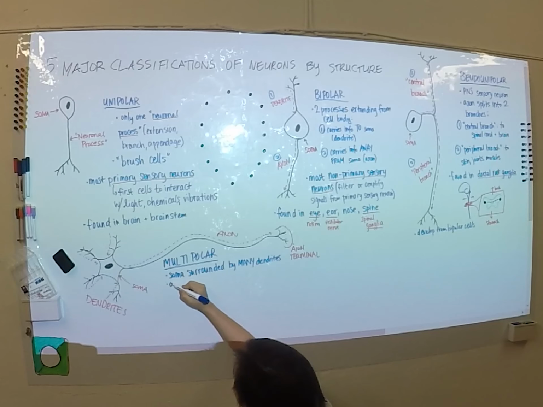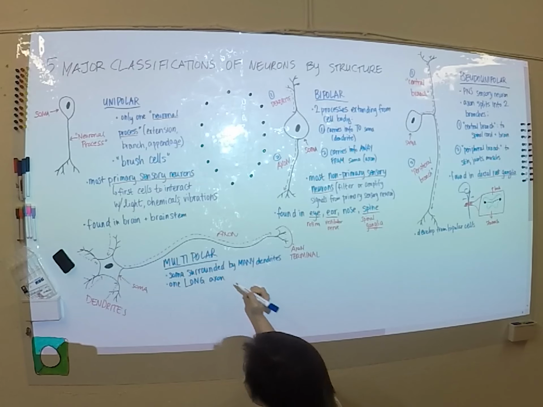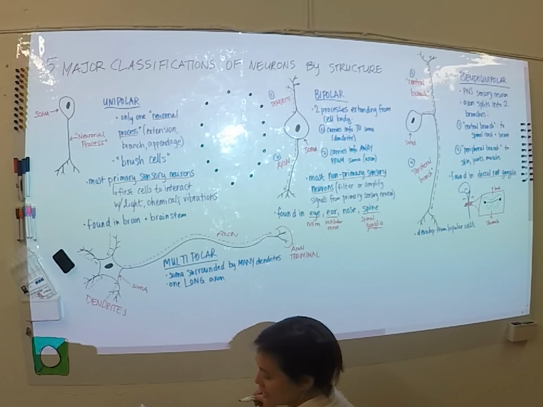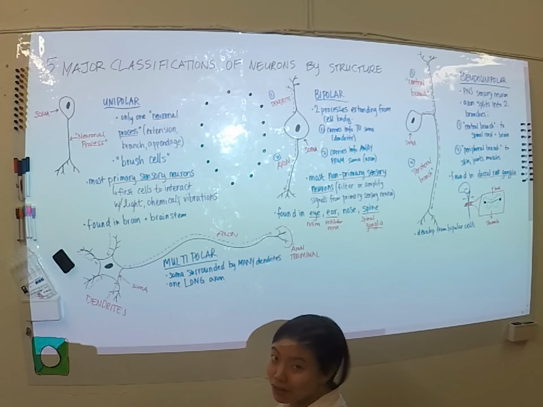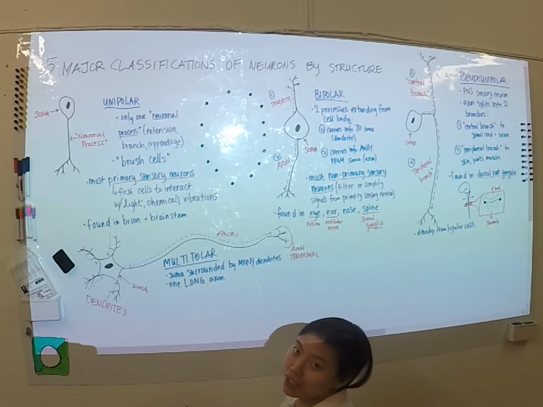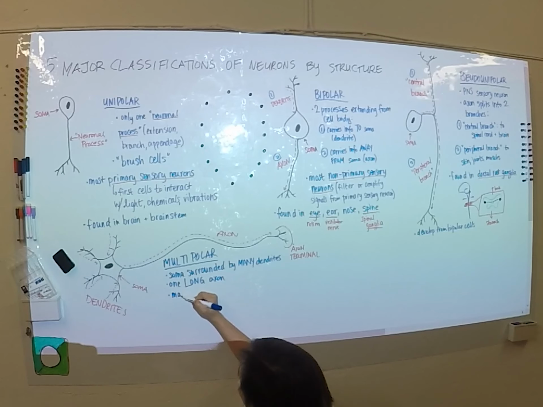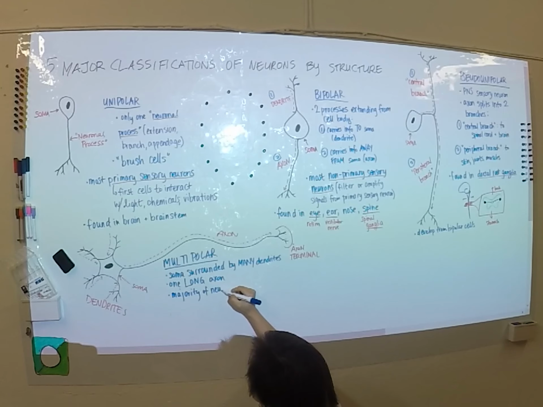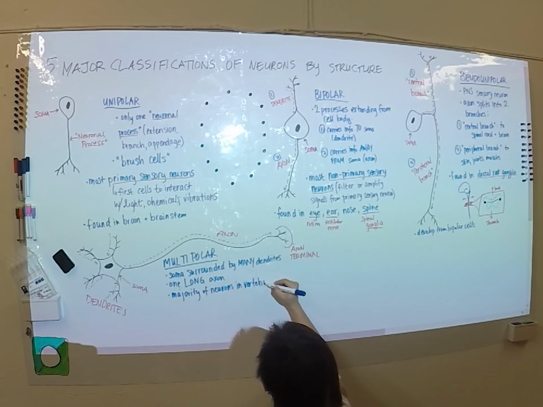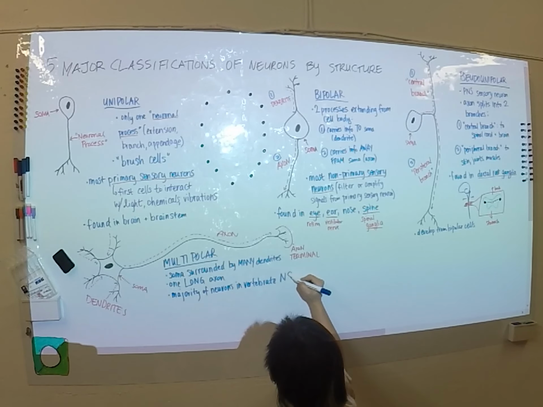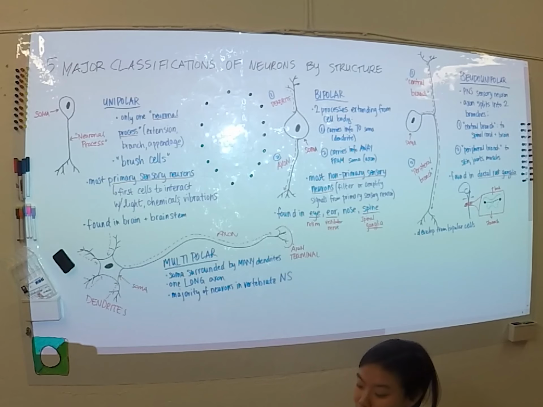So they have one long axon. Okay? And the majority, turns out, the majority of neurons in the vertebrate nervous system are multipolar. So the majority of neurons in the vertebrate nervous system. NS stands for nervous system.